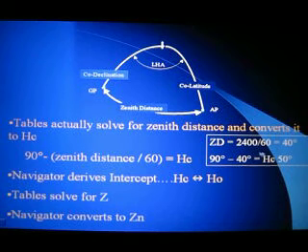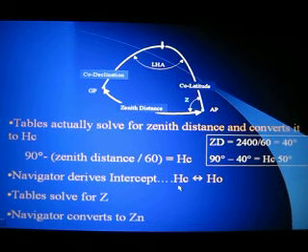So simply divide 60 into 2,400, gives you 40. Then 90 minus the 40 will give us the computed height of 50. So that's what the sight reduction tables do automatically for you. Then you just take it and derive the intercept by comparing the computed height with the observed height.